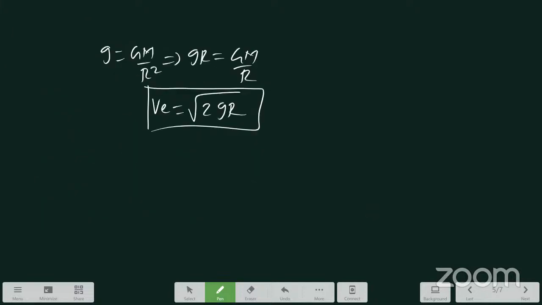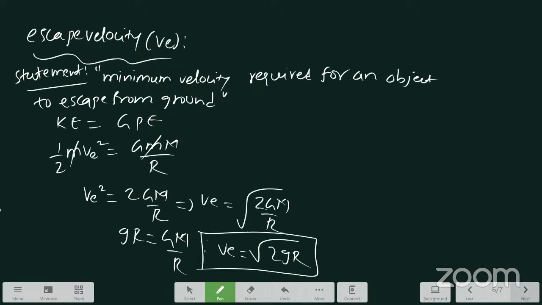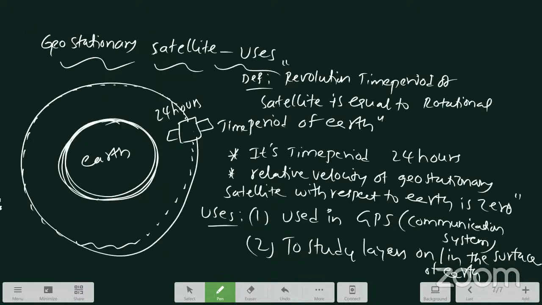One more theoretical question is the geostationary satellite. The diagram is not there, just the definition, 1 or 2 points about the geostationary satellite, and any two uses, 1, 1, 2. In total you can get 4 marks from the geostationary satellite.